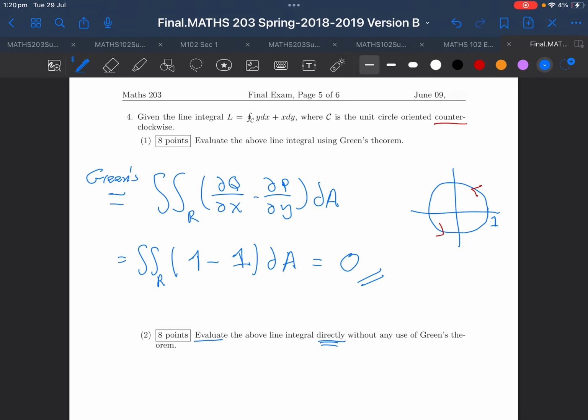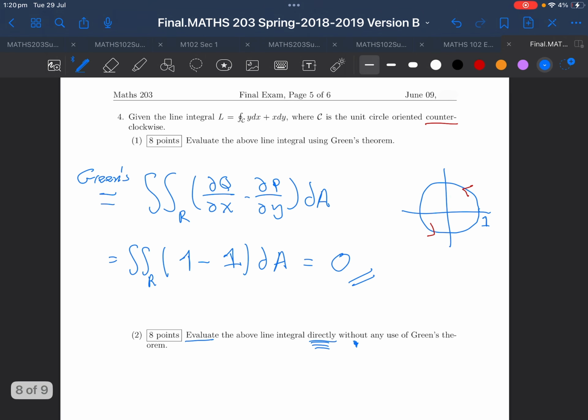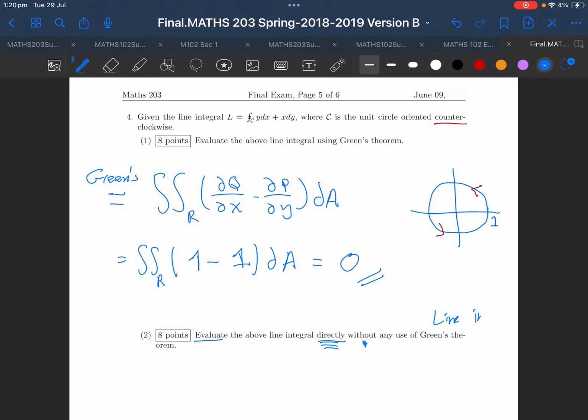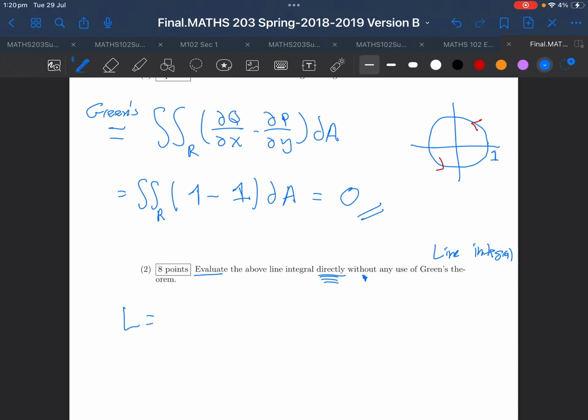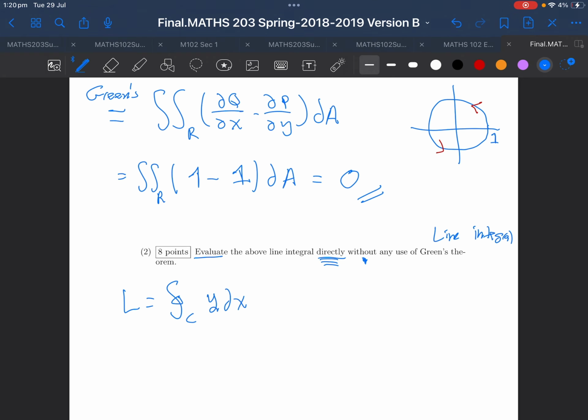The second one says evaluate the above integral directly without Green's theorem. That means evaluate it as a line integral. What do you mean, line integral? It means take this L, which is y dx plus x dy, and substitute y in terms of t, dx in terms of t, x in terms of t.